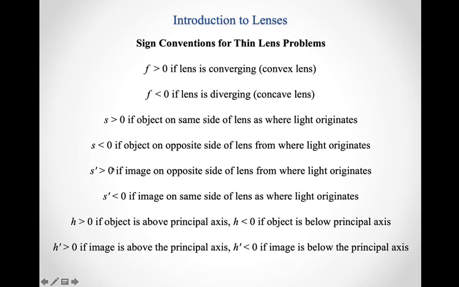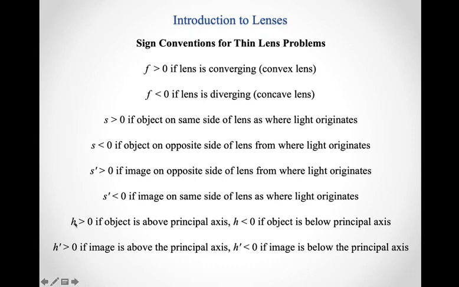Your image distance is positive, again, if it's on the opposite side of the lens from where the light originates. If it's on the image side of the lens, then you have a positive image distance. If, however, your image is on the same side of the lens where the light originates, so it's on the object side of the lens, then your image distance will be negative.